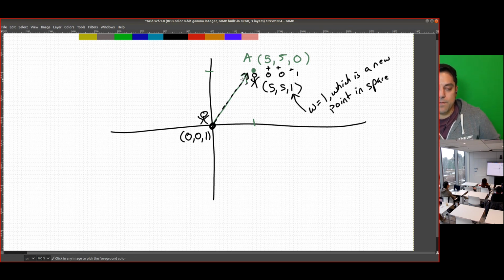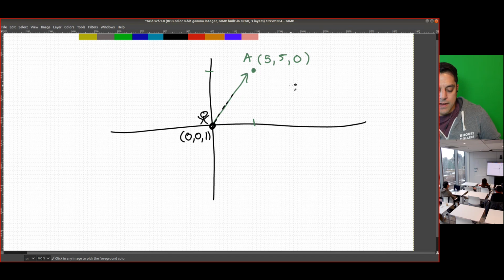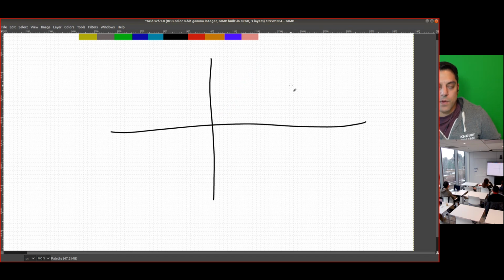Okay, so let me walk through a few more examples just to, again, make sense of this last W coordinate here and how you can use it in this library. Let's pretend that I'm asking you, how do I get from Vancouver to, let me think about this, yeah, Vancouver to Boston.